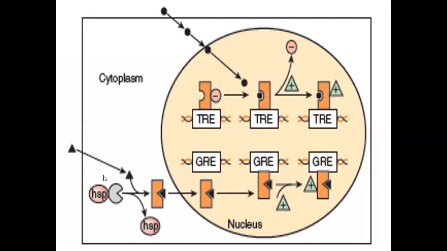Now, this is an example of how the thyroid hormone generates its physiological effect. Thyroid hormone receptors, as I've mentioned, are found inside the nucleus.